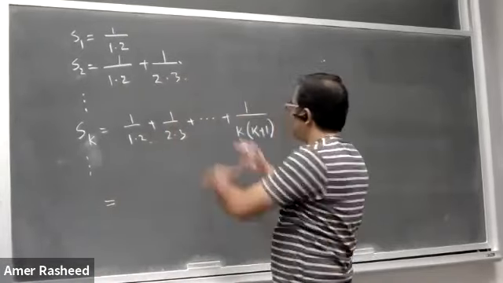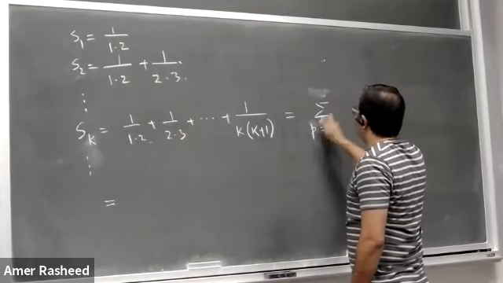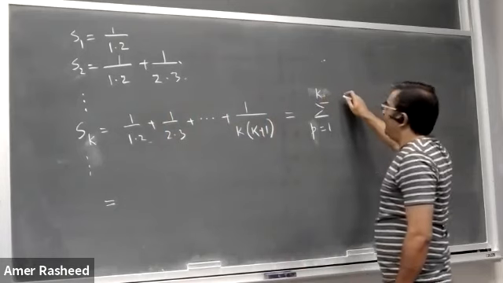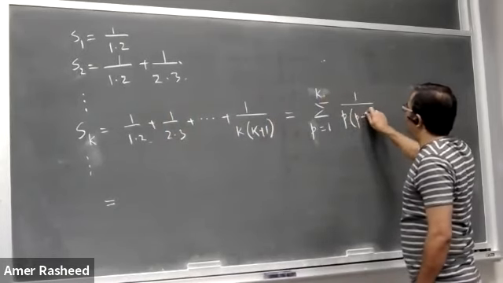Its general form is the sum from p equals 1 to k, since k is already used as the upper limit, of 1 over p times p plus 1.